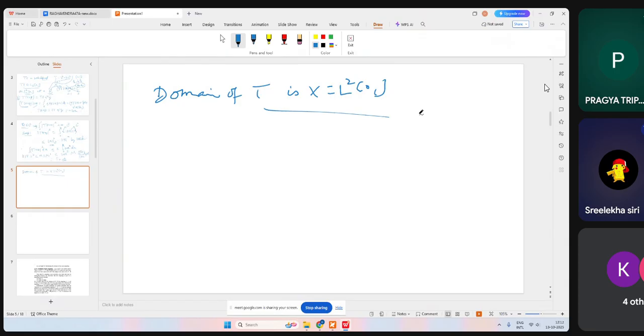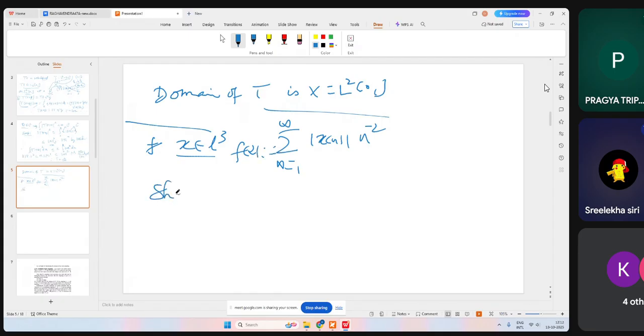Okay. Same way, other question. Take X in L3 or something. And then you look at the summation of mod Xn times n raised to minus 2, n equal to 1 to infinity. This was something like Fx.